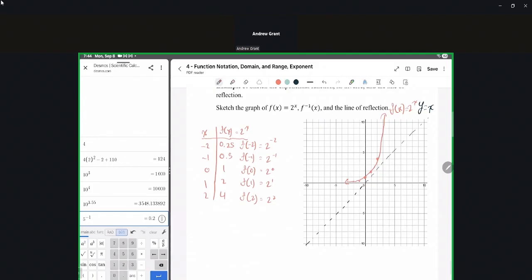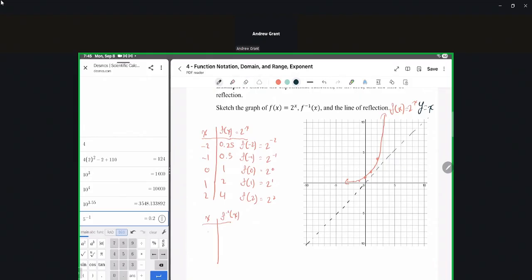So the inverse, which will be f of negative 1, all we need to do for this one is we just take our x and y values and just swap them over.